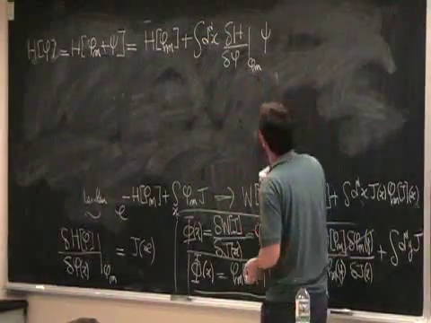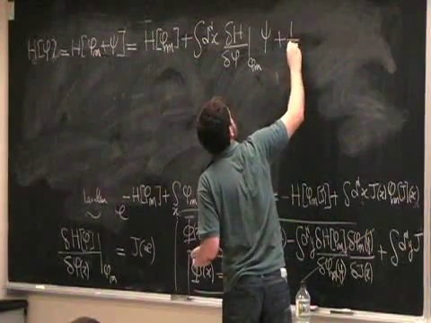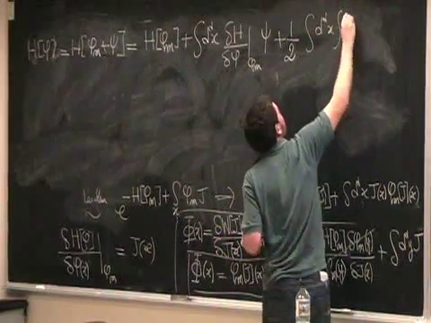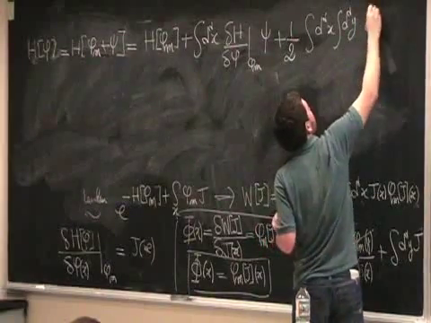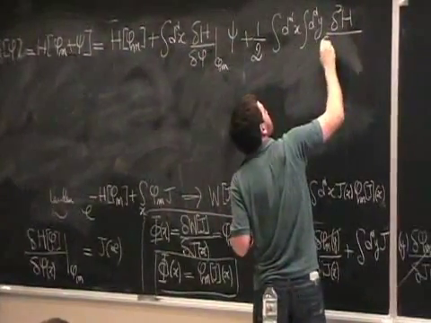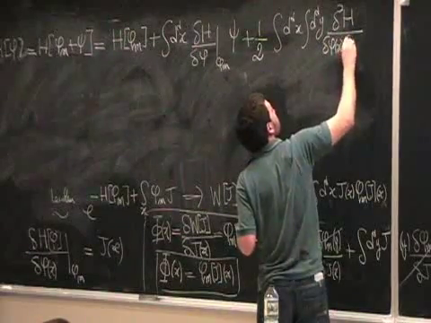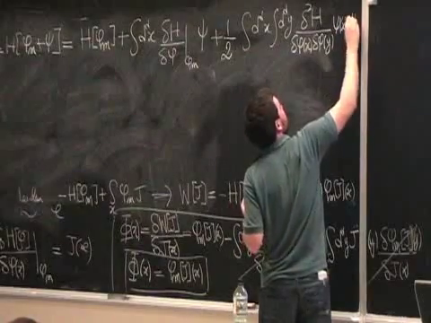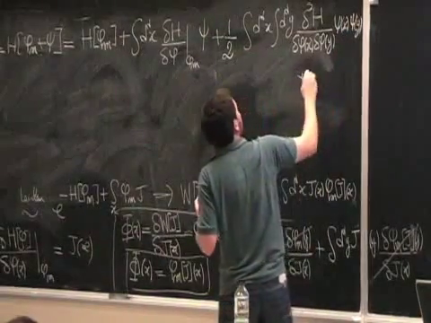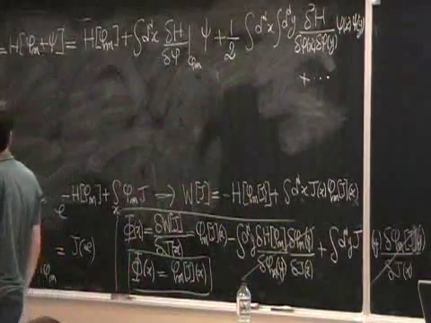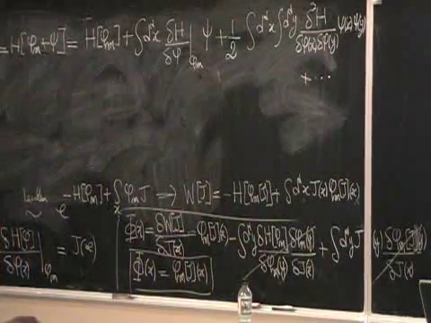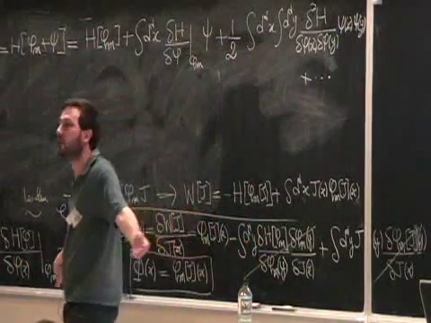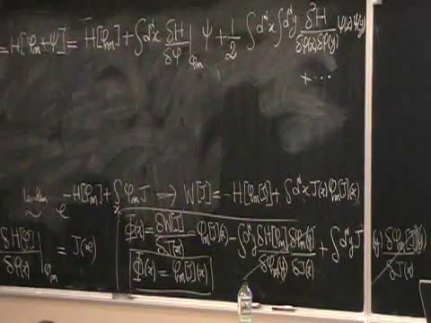So I need to go one step further, and I will take plus, etc. I don't write. I will stop here. Okay? I will neglect everything that came after because I'm saying I'm nearby mean field.